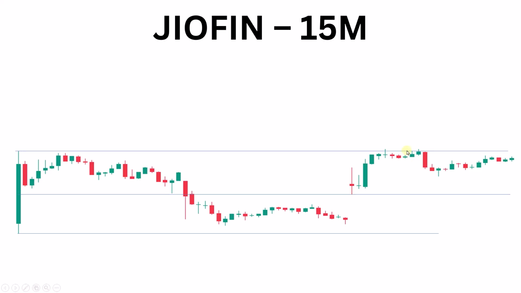So the price was not able to move above this line, and until it stays here, it will be moving sideways. Only when it breaks out from this line or breaks down from this line can we expect a good move.